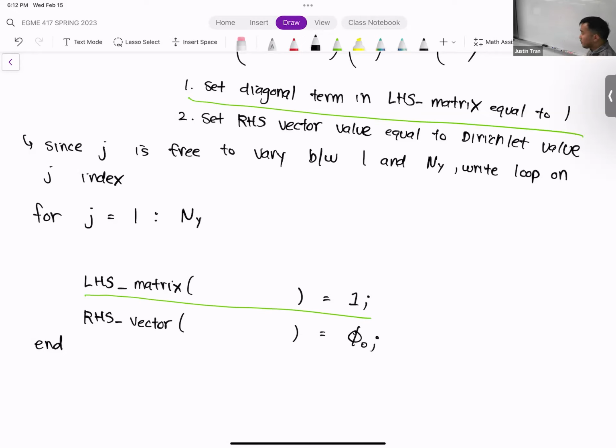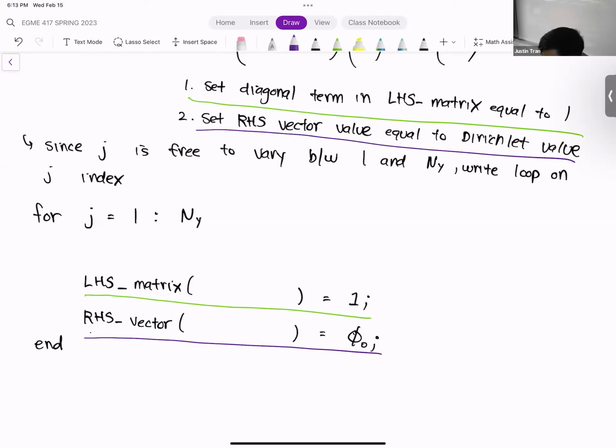And then in that same row, we're going to change the right-hand side vector value to the Dirichlet value. I haven't given you a Dirichlet value here, so we're just going to call it phi naught. This line of code is performing this action right here.